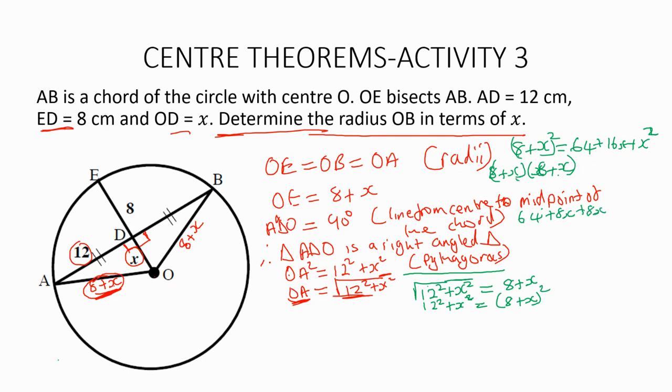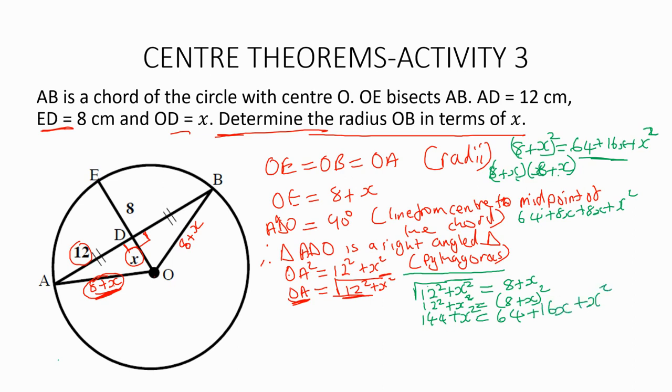And then x times x is x squared. You see that we're going to get the same thing there. So now let's go back here. We're saying 144 plus x squared is equal to 64 plus 16x plus x squared.